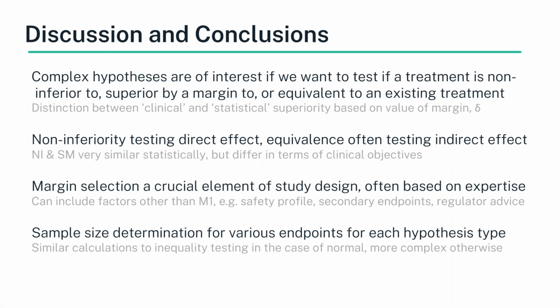At the start of this webinar, we started out by discussing how the clinical trial landscape meant that inequality testing was the standard, but there was an interest in being able to test if treatments were non-inferior to, superior by a margin to, or equivalent to existing treatments, and this is where our complex hypotheses came into play.